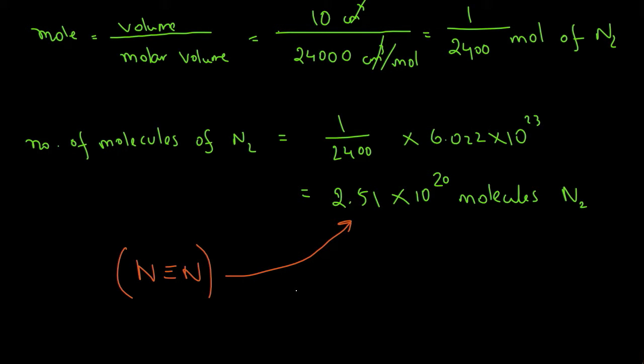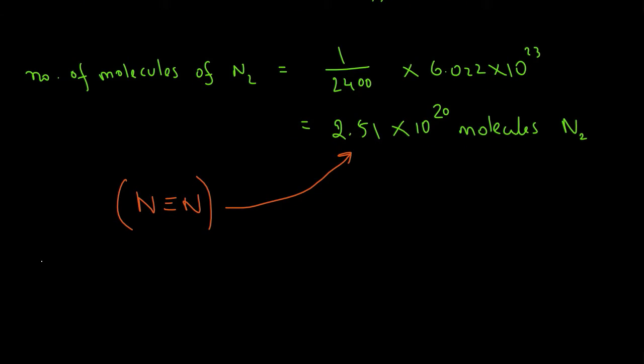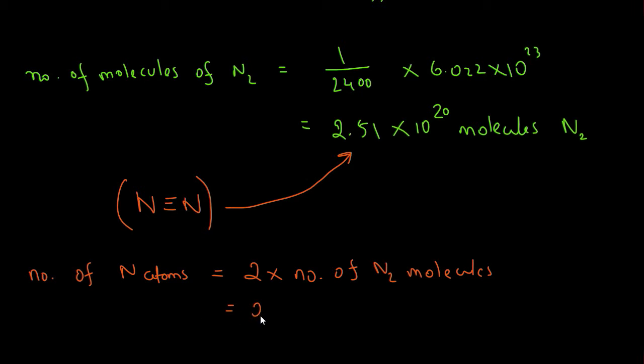So how many atoms do you have? In one molecule of nitrogen gas, you have 2 atoms of nitrogen. So the number of nitrogen atoms is going to be 2 times the number of N2 molecules. So we know the number of N2 molecules is that.